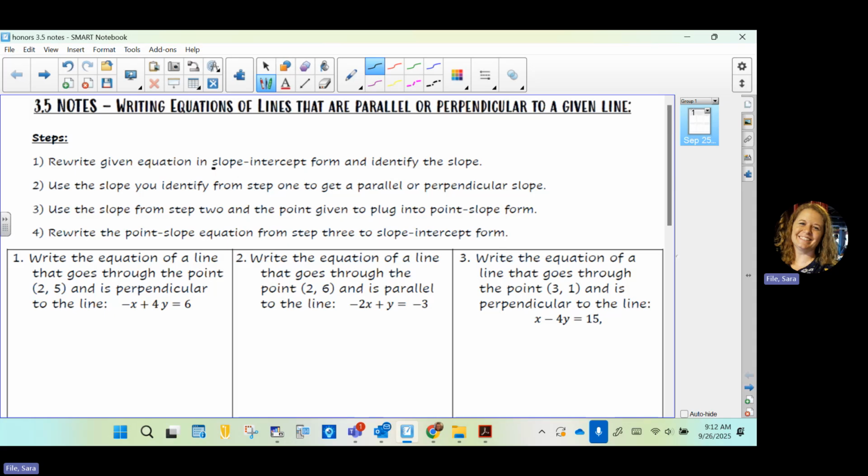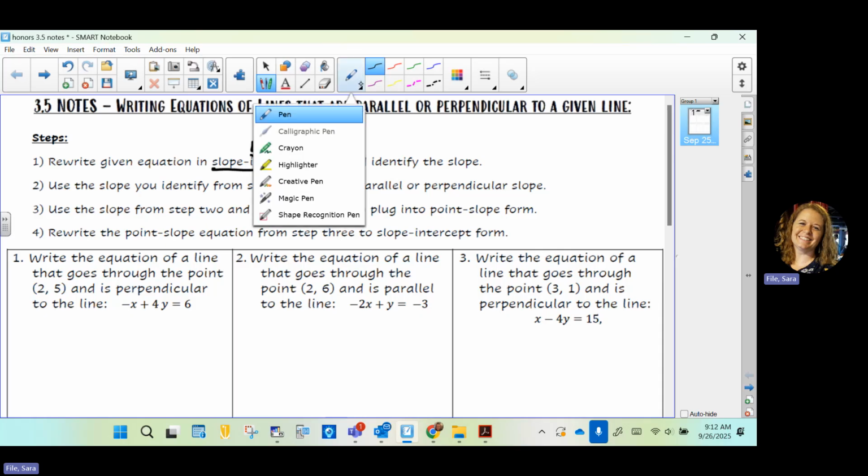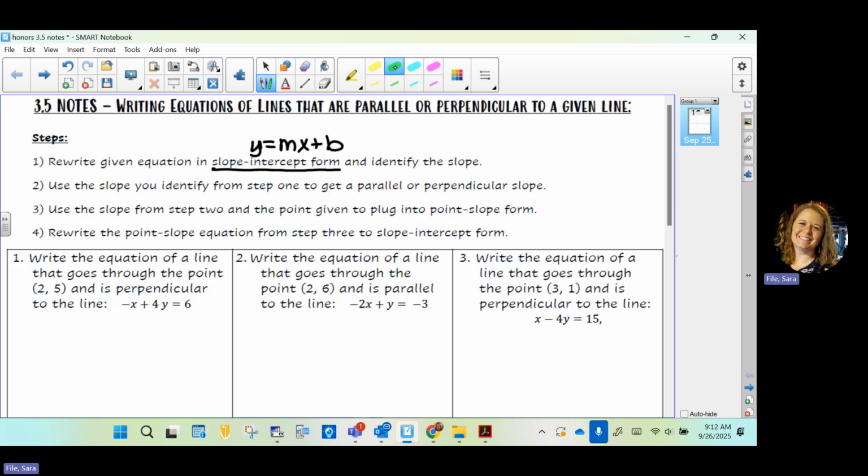If you don't know the names, slope-intercept form is y equals mx plus b. Once we have identified the slope, then we can use that slope to determine our new slope, whether it's parallel or perpendicular, depending on what we're asked to do.